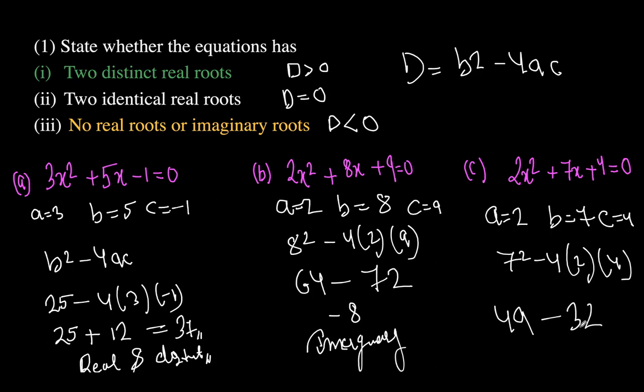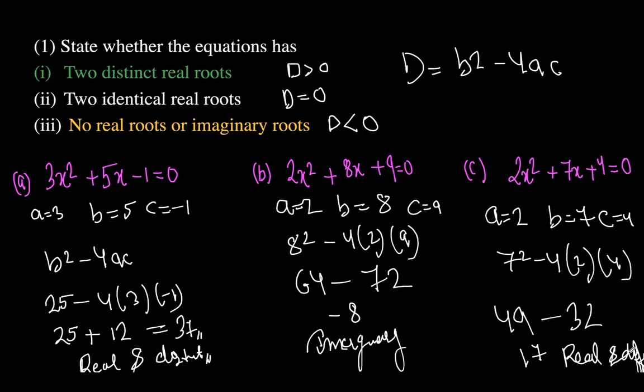So this will give you 17, which is a positive number. So here it will be real and different roots. Okay, so here we don't have any example of two identical roots. If your d is equal to 0, then only you can get identical roots.